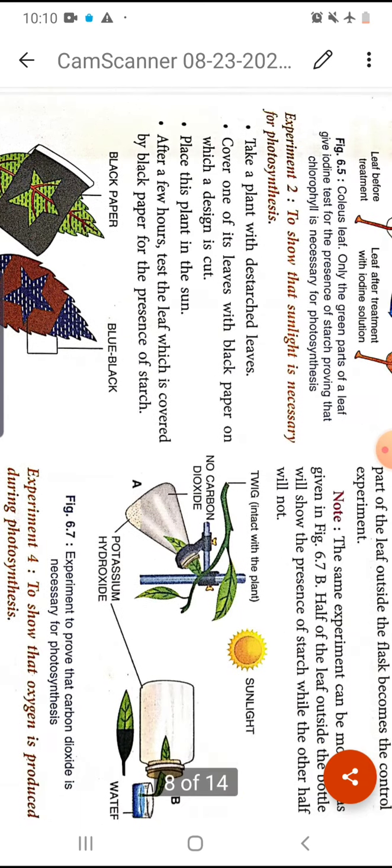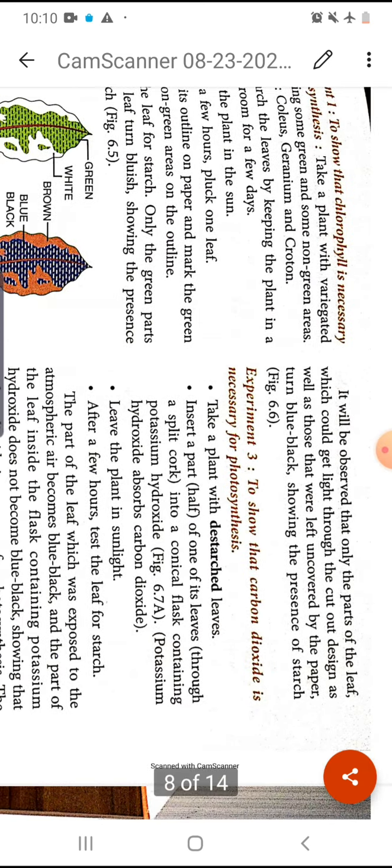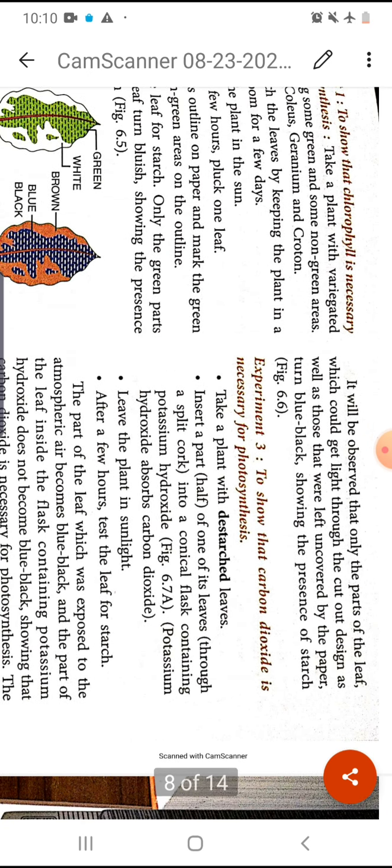Now it will be observed that only the parts of the leaves which could get the light through the cutout design, as well as those that were left uncovered by the paper, will turn blue black, and the rest of the part shows the brown color.